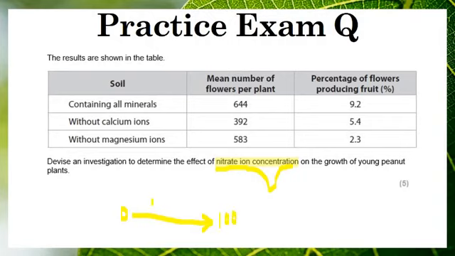You would need to think about how many different intervals you pop down. So how many different concentrations of nitrate would you use in order to get a valid range of results? Next up, we need to think about different ways that you're going to control variables, or what variables you would control, and we can look at an example answer over the next page.